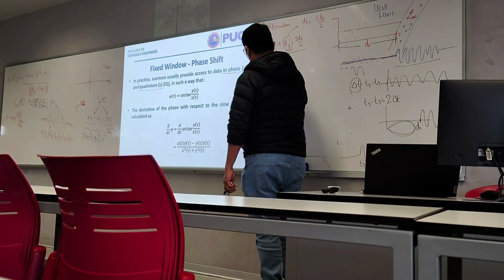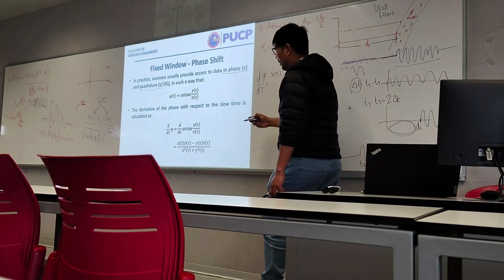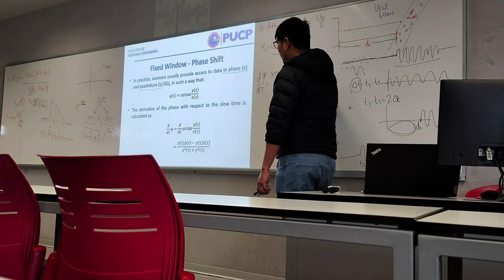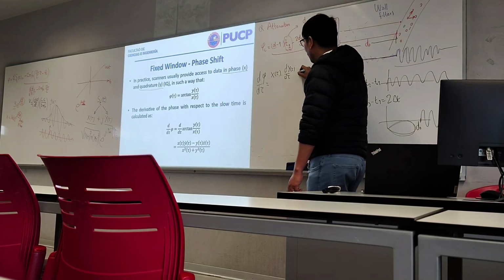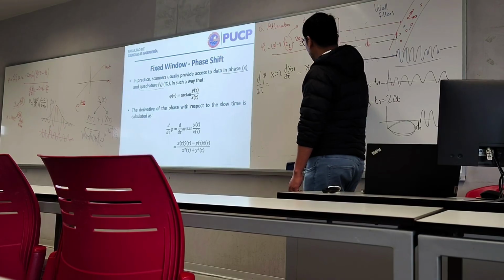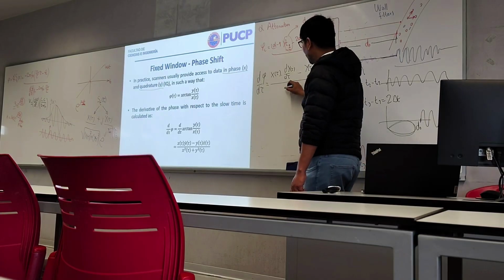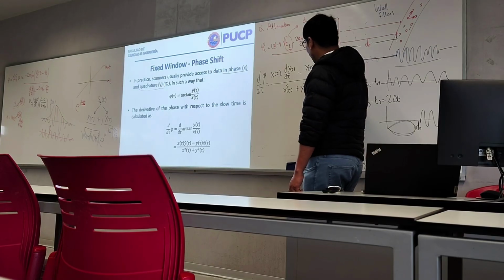The derivative of phi with respect to tau is equal to x(tau) multiplied by y dot(tau), the derivative of y with respect to tau, and here I will write it in this way, more common for us, minus y(tau) multiplied by the derivative of x with respect to tau, divided by x(tau) squared plus y(tau) squared.